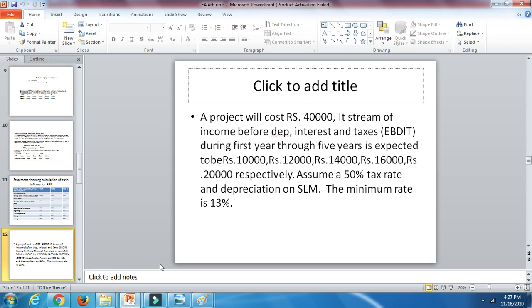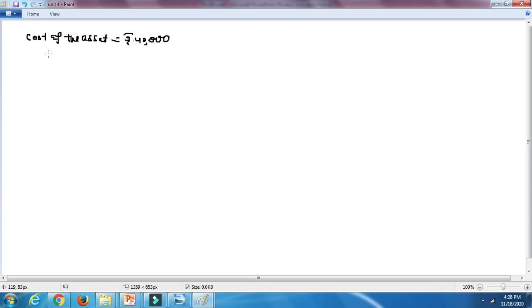Here the cost of the asset he has given is 40,000, and what he said is EBDIT, that is earnings before depreciation, interest, and taxes.